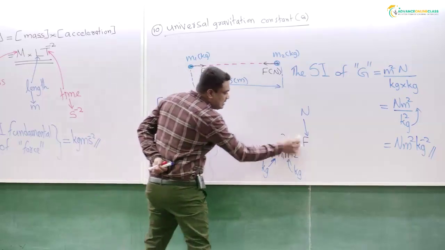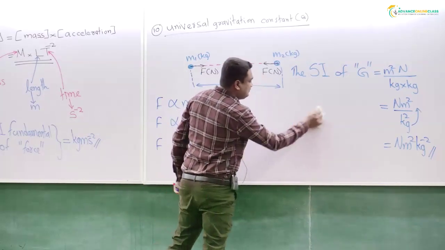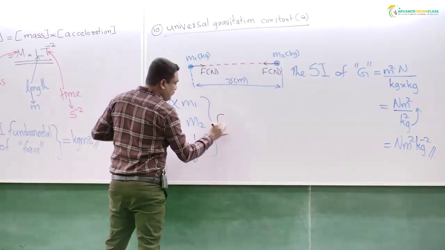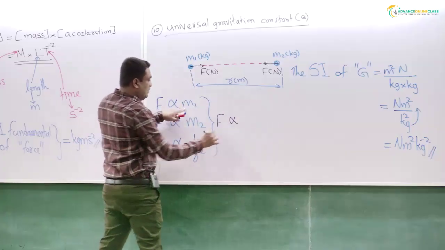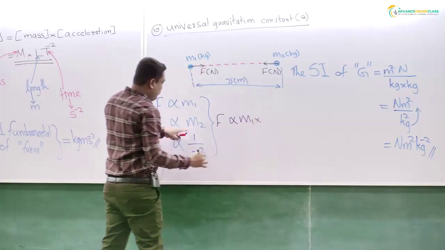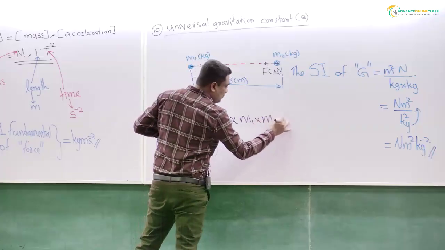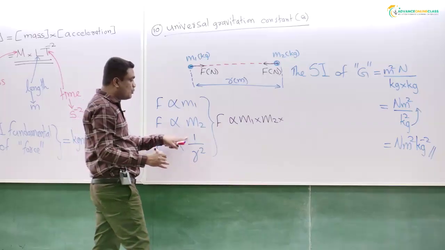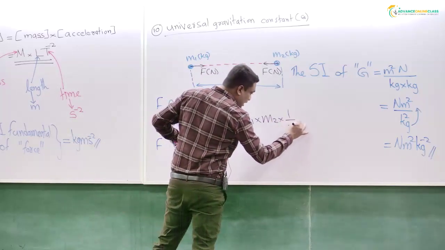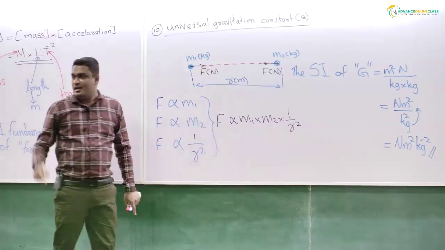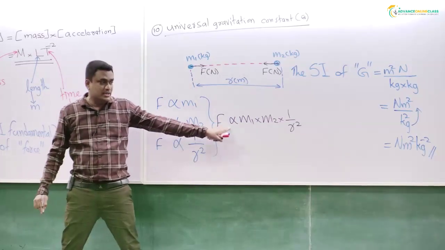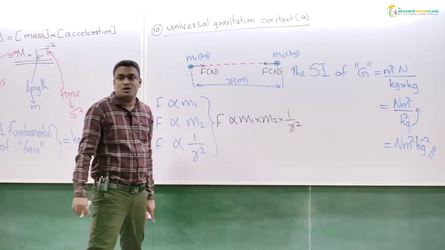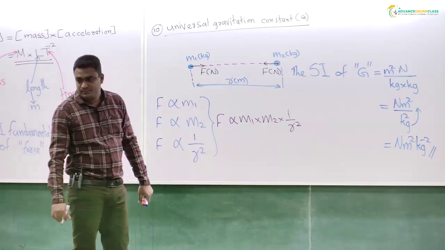Now these three things can be combined together and written: F proportional to M1, F proportional to M2, F inversely proportional to R square, or F proportional to 1 over R square. Now tell me how to convert directly proportional into an equation mark.